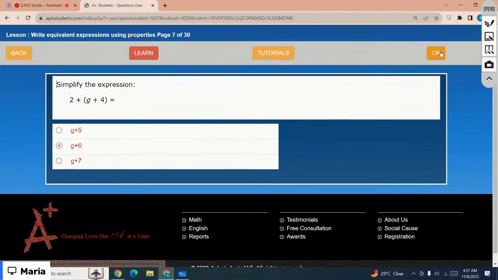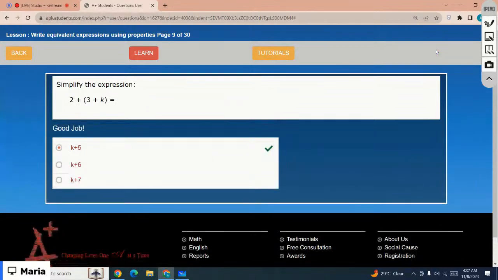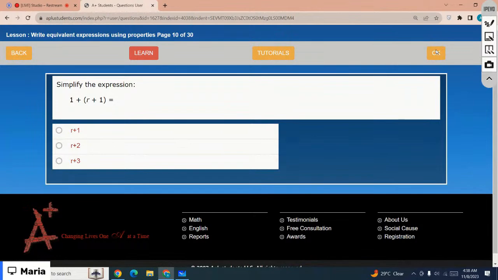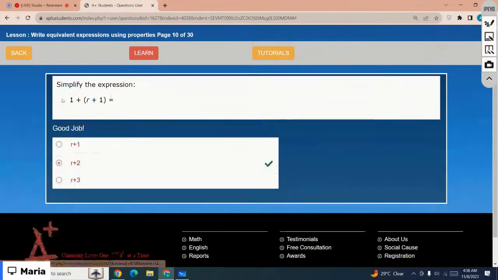You simply have to add. Okay, the next one is simplify the expression. So which is the correct option? The second option, you have to add them, that is k plus 7. Option number 3 is the correct option. Okay, simplify the expression. Which is the correct option? That is k plus 5. Option number 1 is the correct option. Okay, the next one is simplify the expression. Which is the correct option? Yes, that is r plus 2, right? Okay, you can complete the lesson by yourself later today.